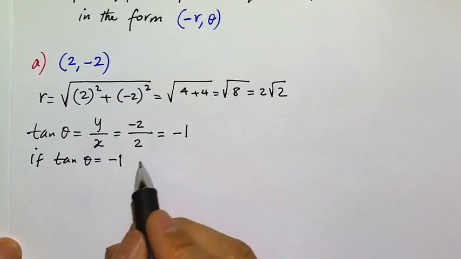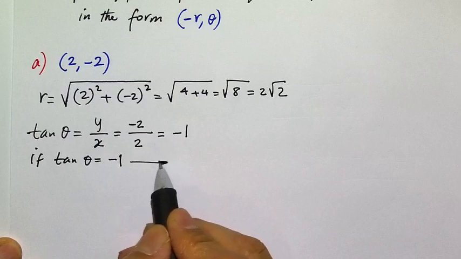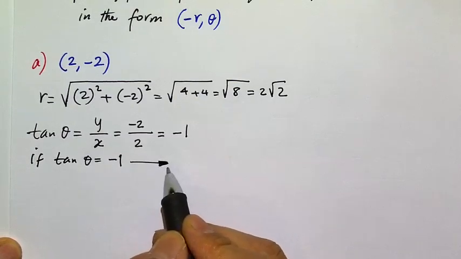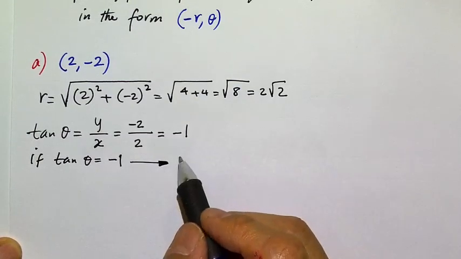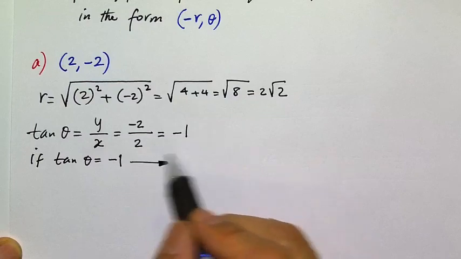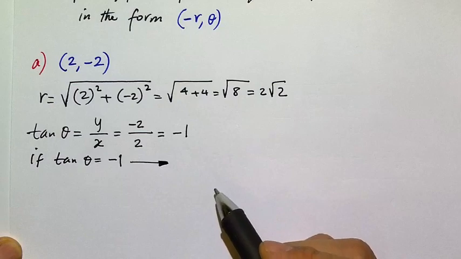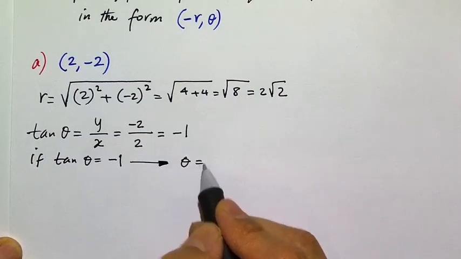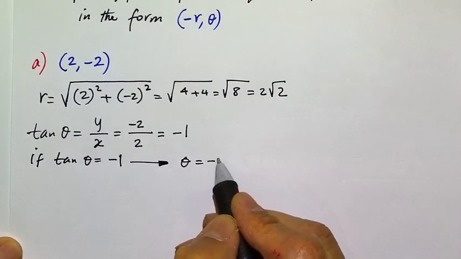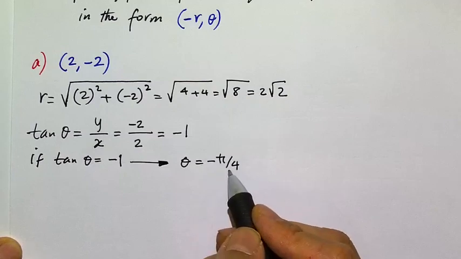And that would be in the fourth quadrant. Yes, in the fourth quadrant, the cosine is positive, cosine being the x-axis, and the sine, which is the y-axis, is negative. So theta is equal to minus pi over 4.